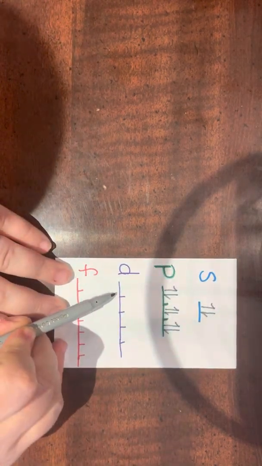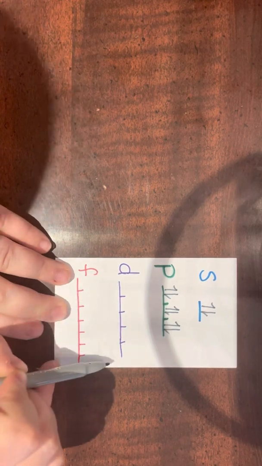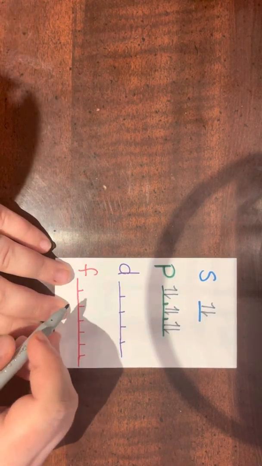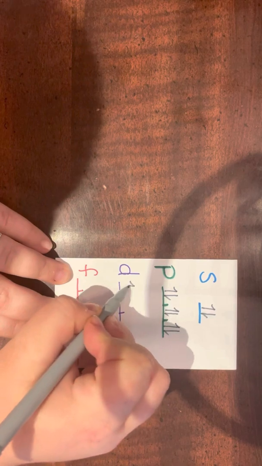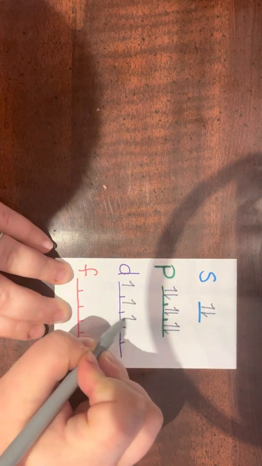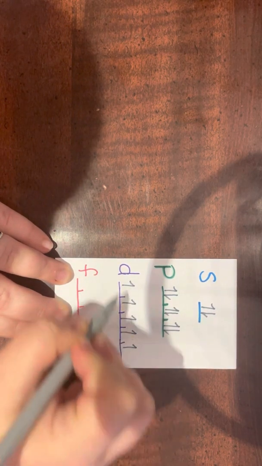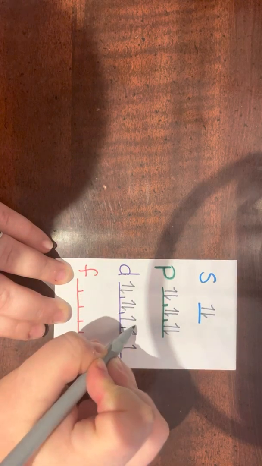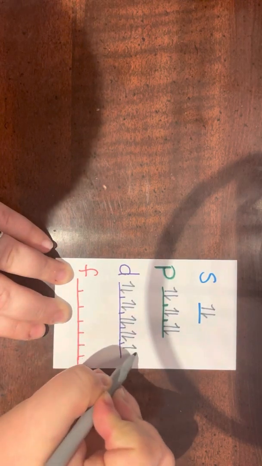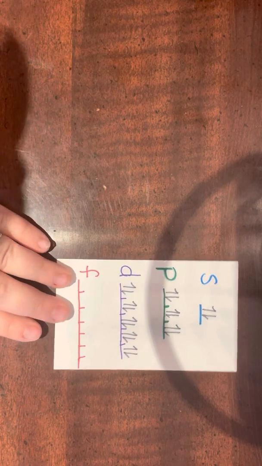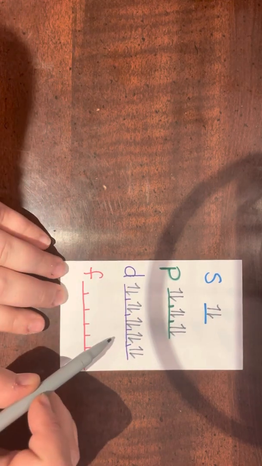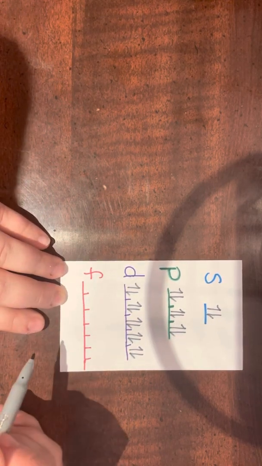The D sublevel has 5 orbitals. Again, each orbital can hold 2 electrons, and we put 1 electron into each orbital before doubling up. So each orbital can hold 2 electrons. There's 5 of them, so the D sublevel can hold 10 electrons.